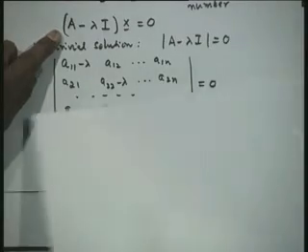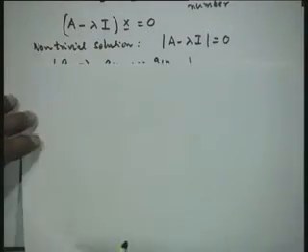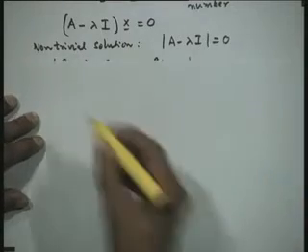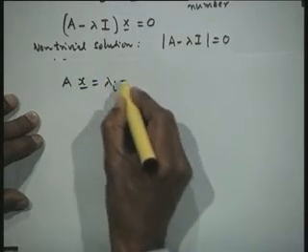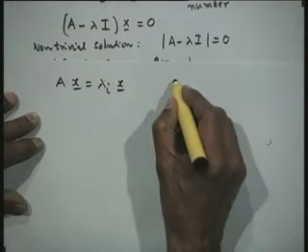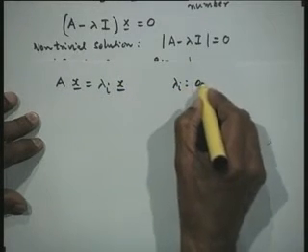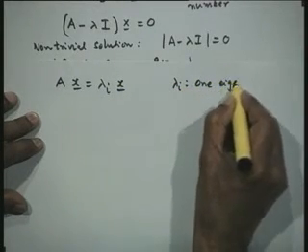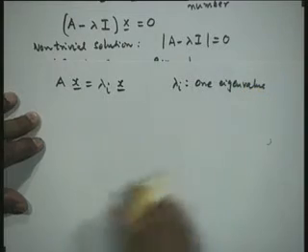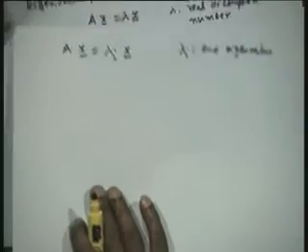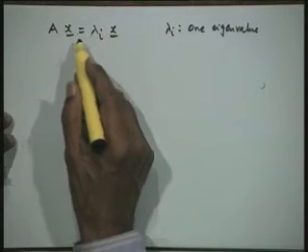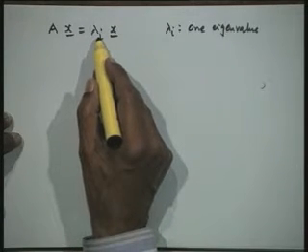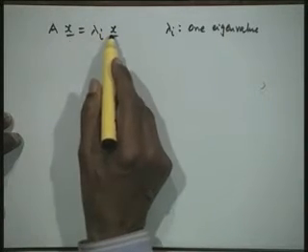Once the lambdas are known, I can go back to this equation and find the values of x. A x is equal to lambda_i x. I take a particular lambda_i as one eigenvalue, construct this problem and solve it. We know that a non-trivial solution exists now for lambda_i.